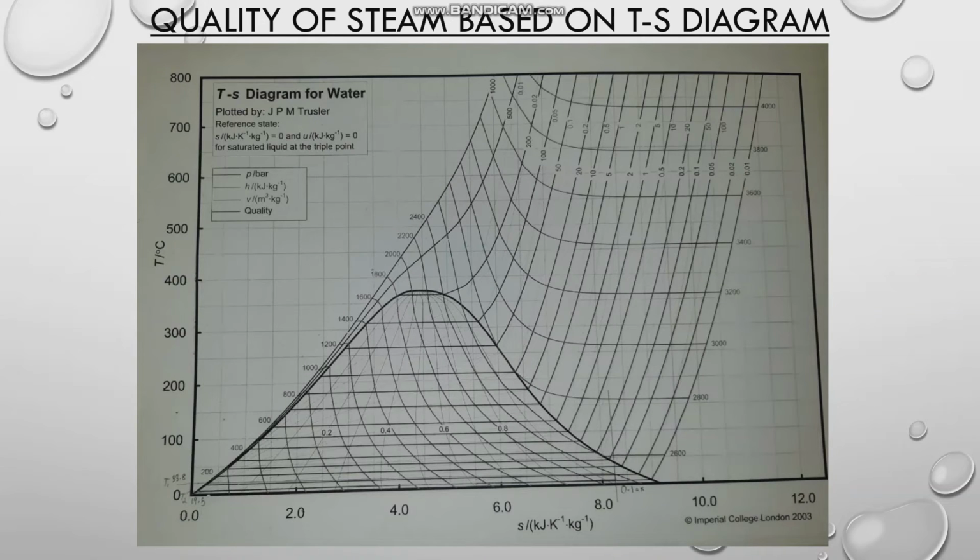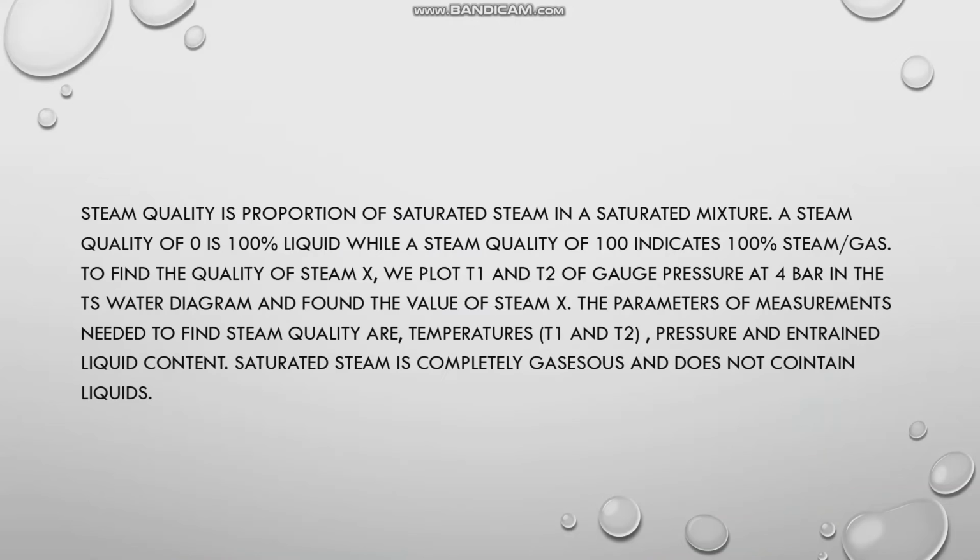Quality of steam based on the TS diagram. Steam quality is the proportion of saturated steam in a saturated mixture. A steam quality of 0 is 100% liquid, while a steam quality of 100 indicates 100% steam or gas.